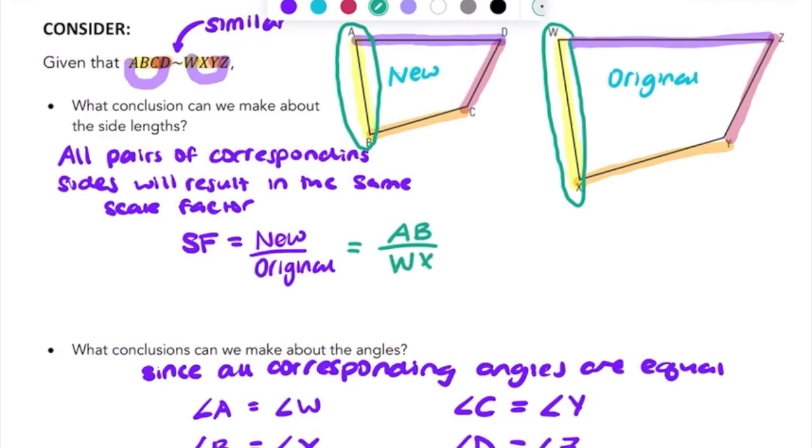And I'm going to name it in the same way, WX, because they're both line segments. And I'm going to do this for every single pair of sides, because every single pair of sides will result in the exact same fraction.